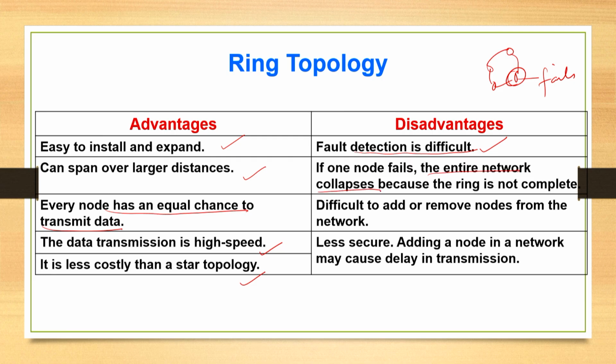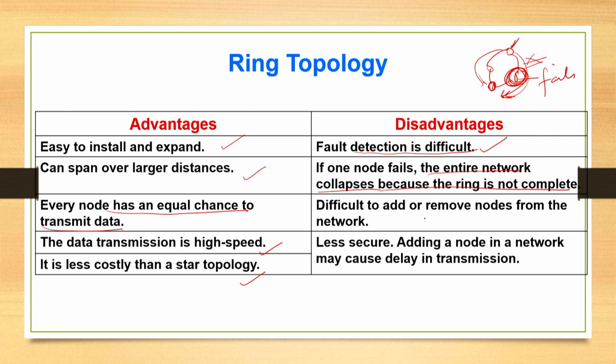Why? Because the ring is not complete. Why do I say so? If this wants to send the data to here, then it cannot be sent through this direction. Yes, this can be sent in the alternate direction, but if it is moving in this direction, then that is not possible.